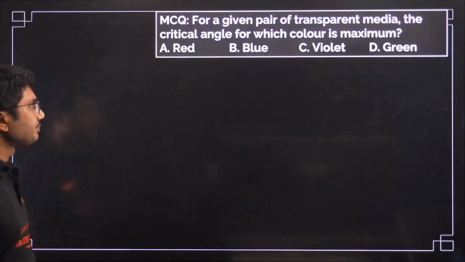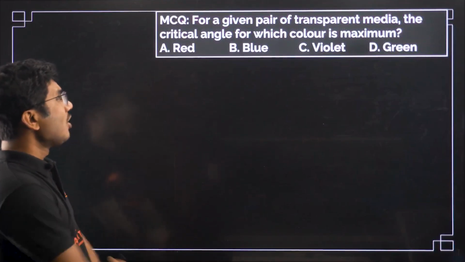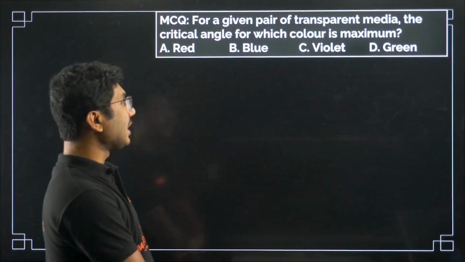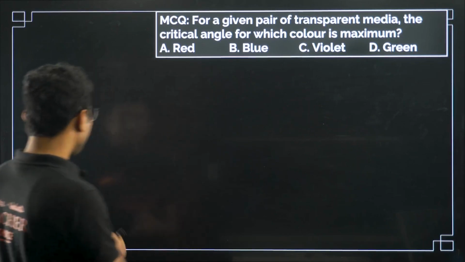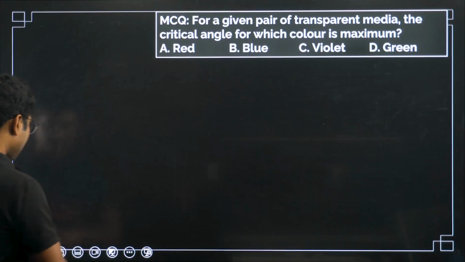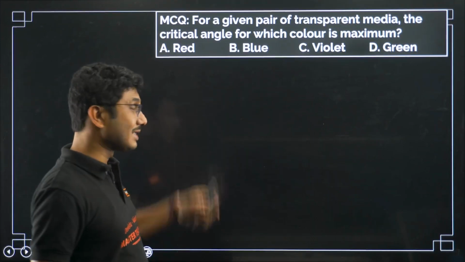Okay, let's see one question. For a given pair of transparent media, the critical angle for which color is maximum? First we have to understand what the critical angle is.